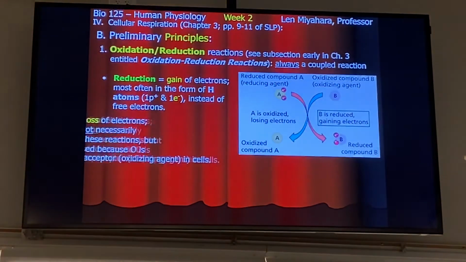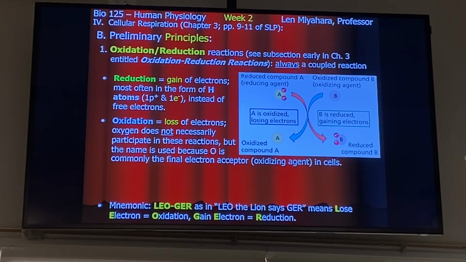Preliminary principles. Go ahead and fill in the blanks.